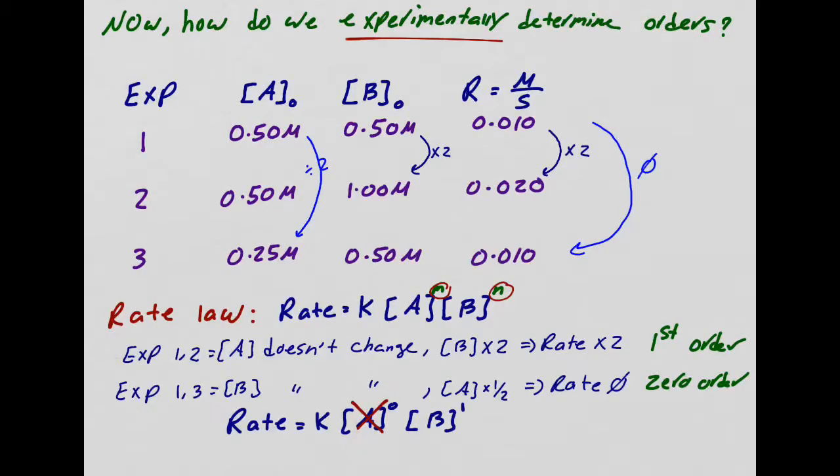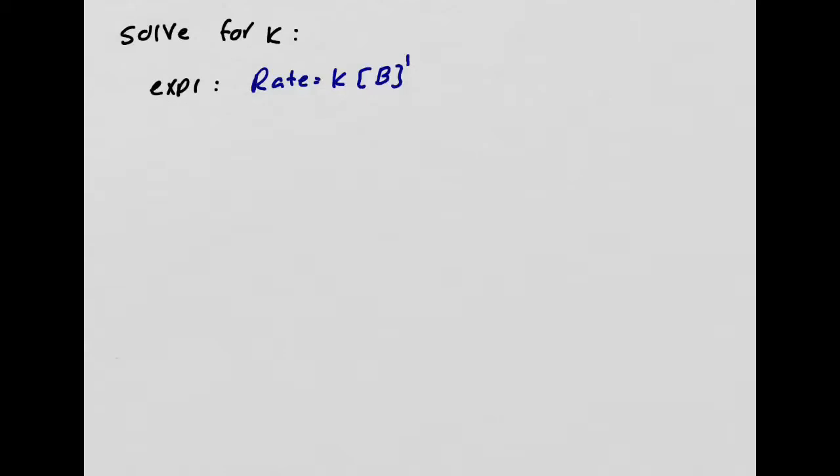What I'm going to do, I'm just going to pick experiment 1. It doesn't matter. Now again, remember that rate is going to be equal K times concentration of B to the power of 1. Again, don't get confused. I just crossed out A because A is to the power of 0, so it doesn't matter. It's not going to make any effect. So far, so good? Okay.